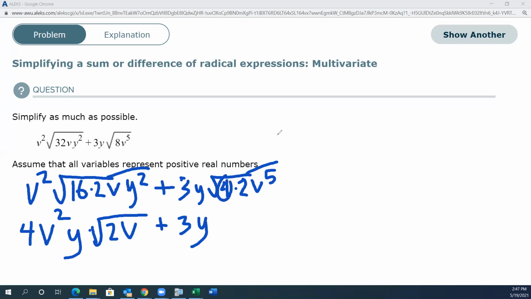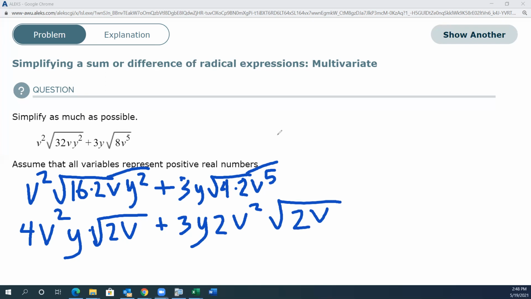I get square root of 4 is 2, and that 3 times 2 is going to turn into 6. And then v to the 5th, the square root of that. Well, I could do square root of v to the 4th, which would be v squared, and then I'll have 1 v left over. And then this 2 that didn't come out, he's still there.